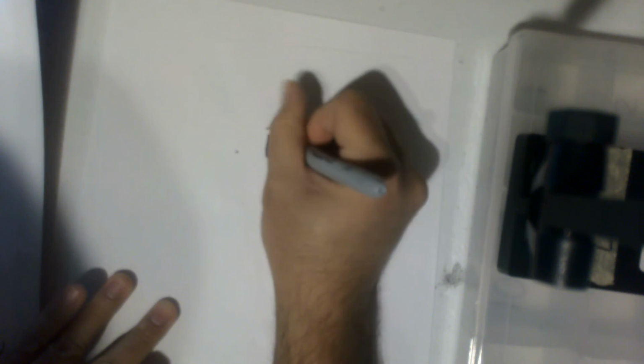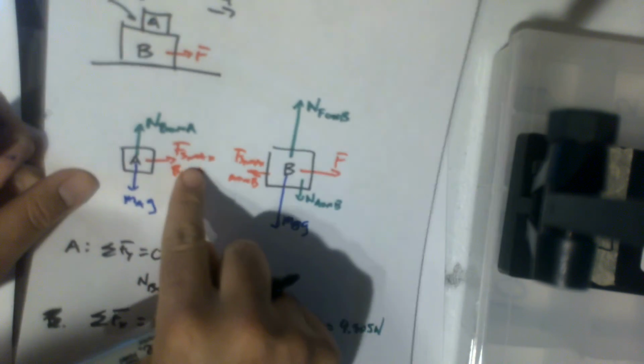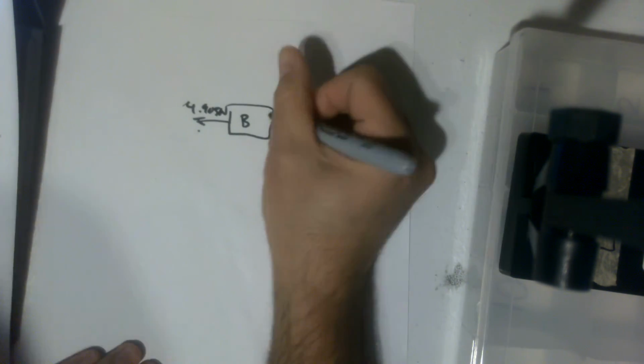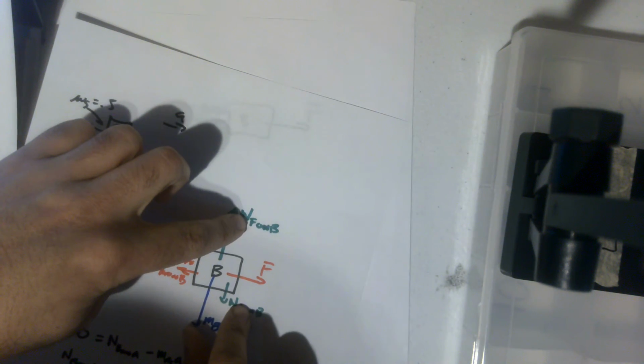So we have our forces acting on B. That has to be 4.905 newtons, because we have just determined that that is 4.905 newtons. And then you have a forward force here, F. Now, I'm not really going to worry about these vertical forces here. They're going to cancel each other out.